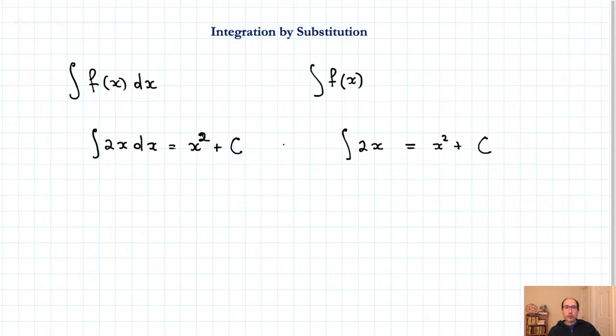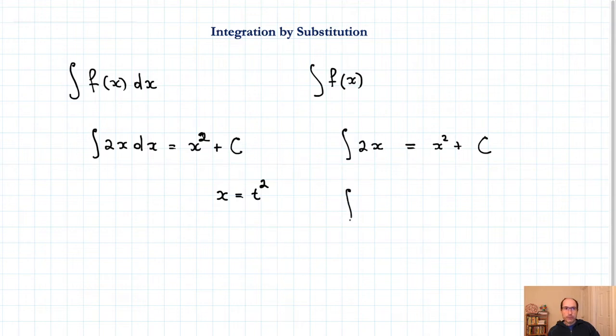Now, suppose we want to make a substitution in these equations. Suppose we want to substitute t squared instead of x in these formulas. Let me first do it on the right hand side, where the integral notation does not include dx at the end.